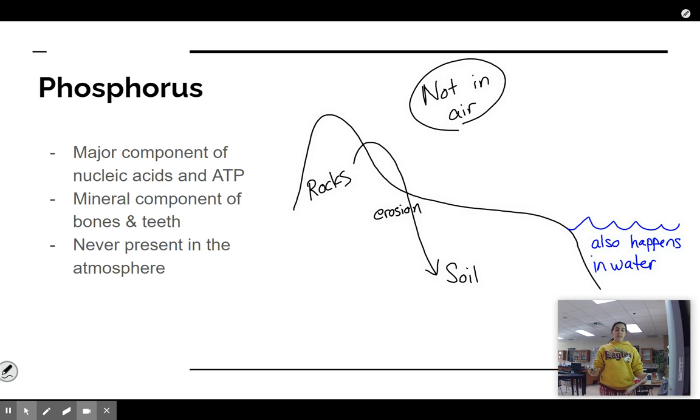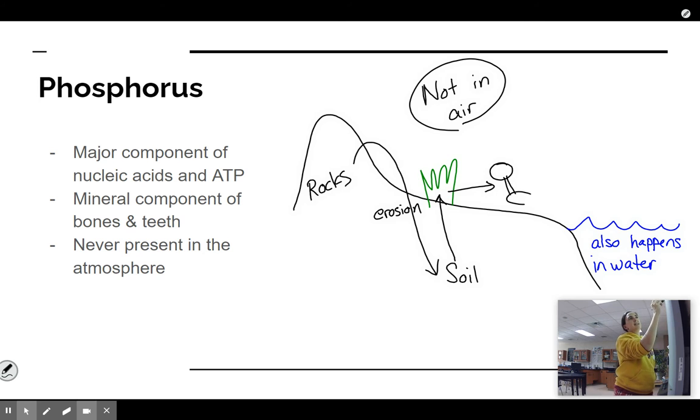And once that phosphorus is part of the soil, then it can get taken up by plants. There's our plant. You might be able to guess what happens next. Our plants get eaten by, you guessed it, a deer. I should have drawn a rabbit or something this time.